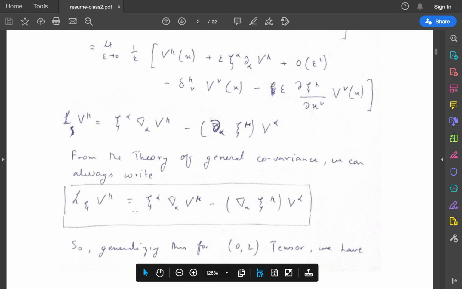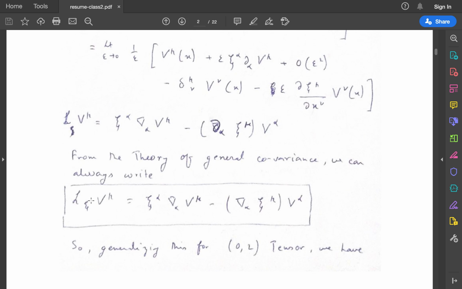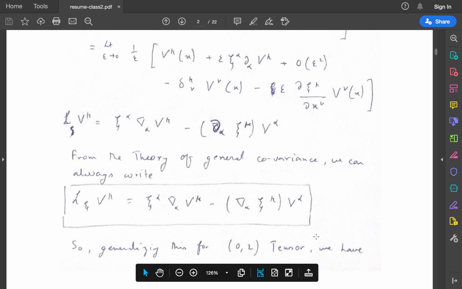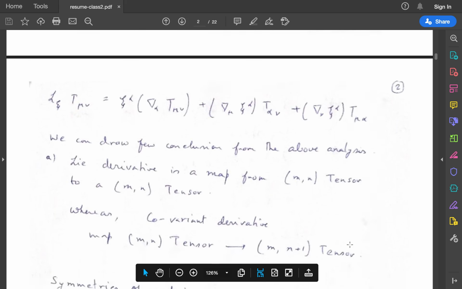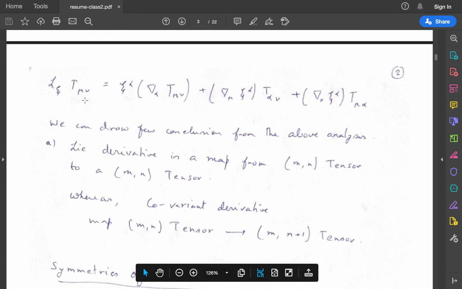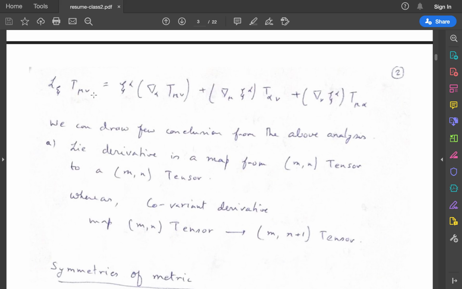Once we know how the Lie derivative operates on a vector, we can generalize this for any higher rank tensor. Let us do this for a tensor of rank (0,2). As these are lower indices, the upper indices have a negative sign and the lower indices should have a positive sign.